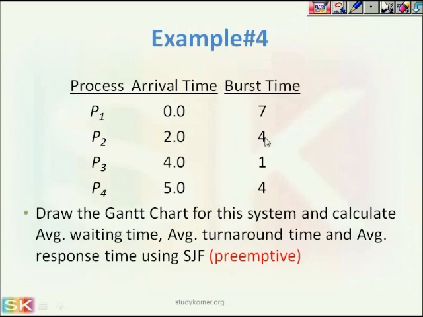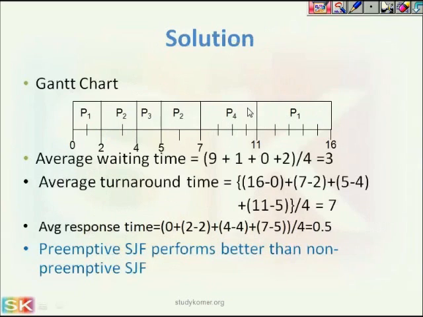P2's burst time is smaller than P1's burst time, hence P2 has higher priority than P1. So P2 will preempt the running process P1 at time 2.